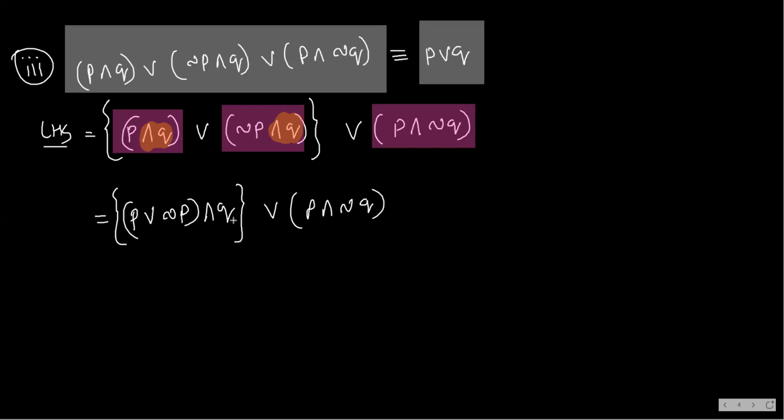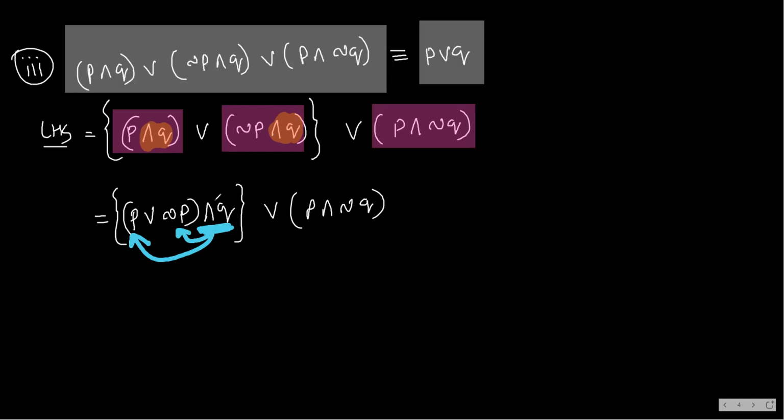How? I'll let you know. If you had to distribute conjunction Q over disjunction, how would it go? Wouldn't it be P and Q, disjunction, negation P and Q?